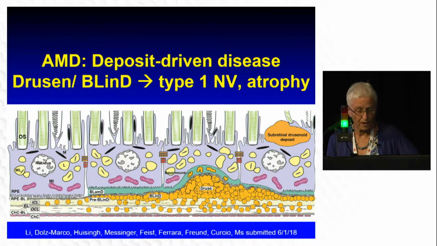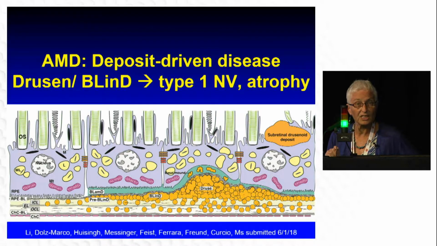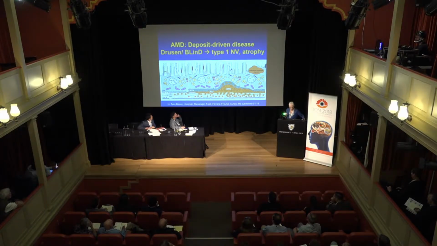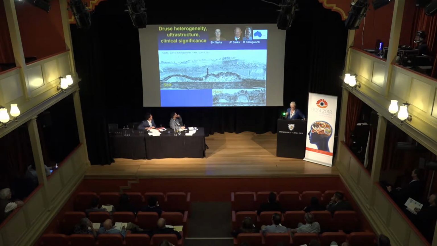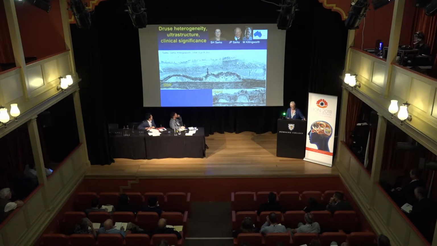And here's a diagram to show, at a little bit bigger magnification, the tips of the outer segments on the top, the retinal pigment epithelium, the cell layer in the middle, and you can see a drusen there made up of the masked lipoproteins, and these are localized between the basal lamina of the RPE and the inner collagenous layer of Bruch's membrane.